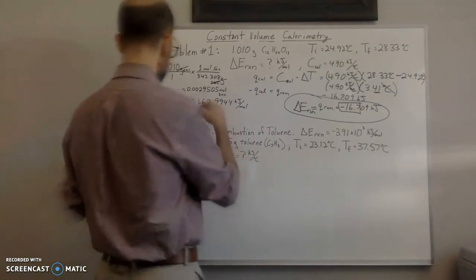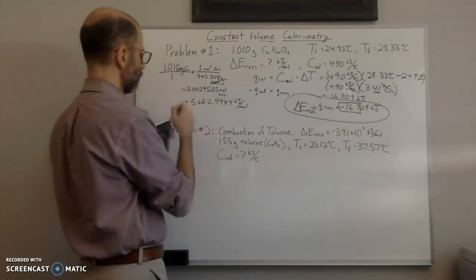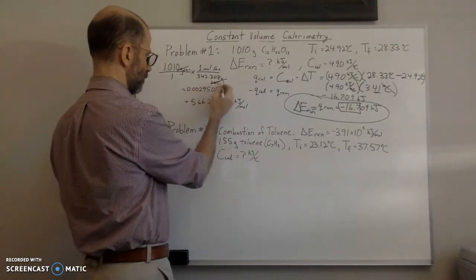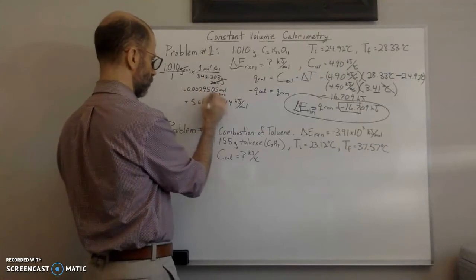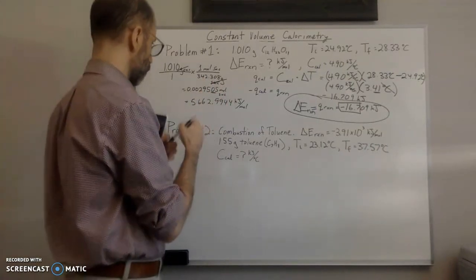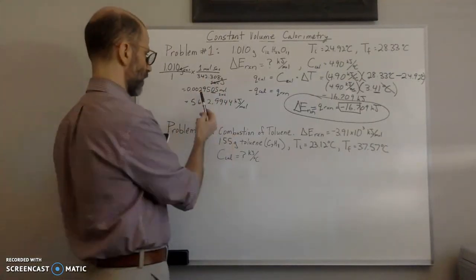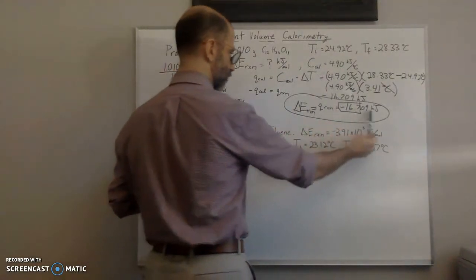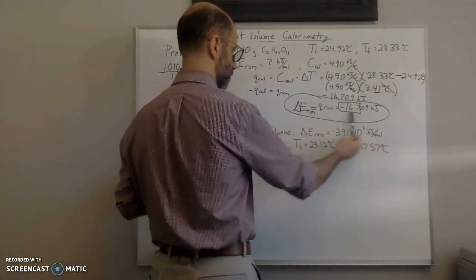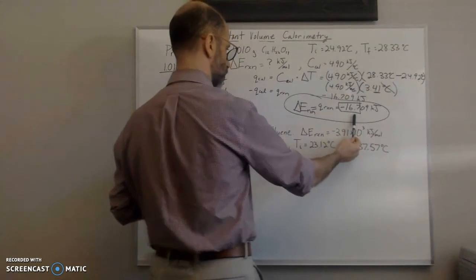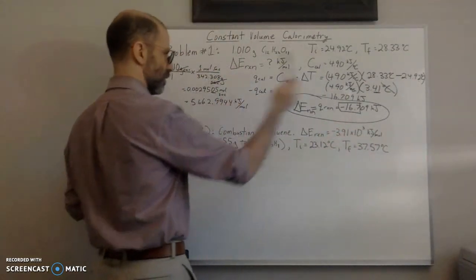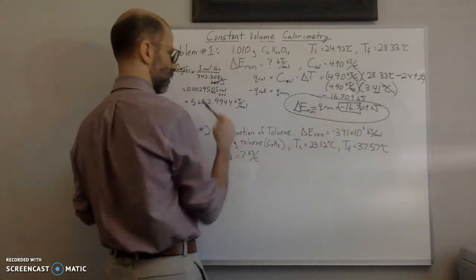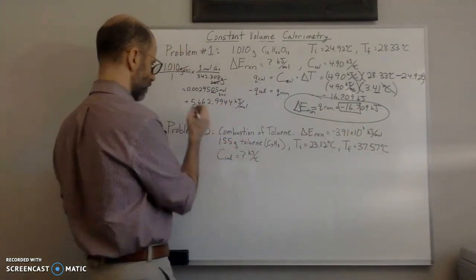Once again, we have to keep track of our sig figs, right? So here we had 4 sig figs. Here we have 6, so the answer here should be 4, so we'll keep it there. We divided by this, which was 3 sig figs, based on what we had done before. So this was divided by this, so the least number is going to be 3 again.